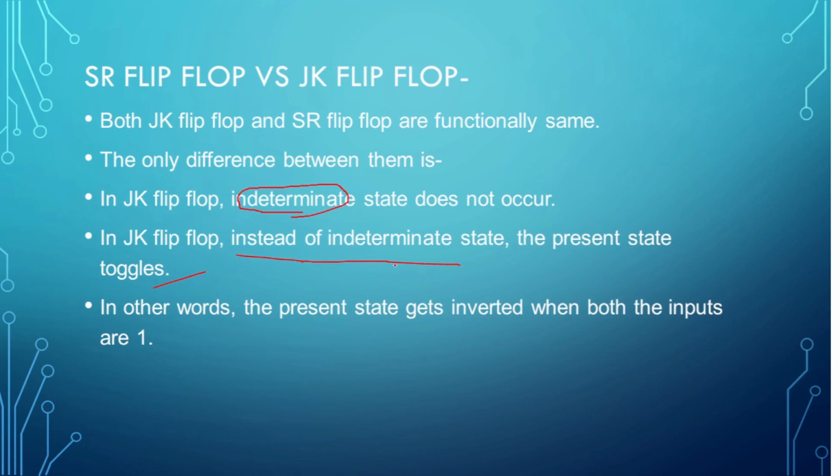This can be seen when the present state gets inverted when both the inputs are 1. That means the present state gets inverted when j is equal to 1 and k is equal to 1. So this is called the toggle state. In the SR flip-flop, if S equals 1 and R equals 1, you will get an indeterminate condition.